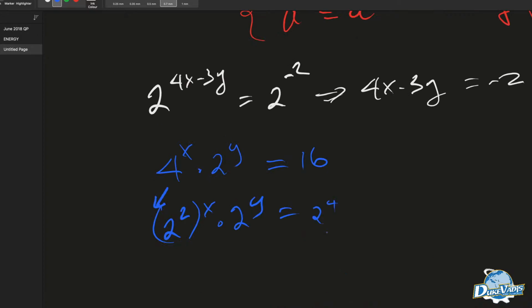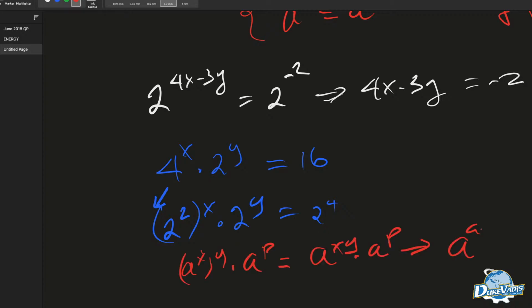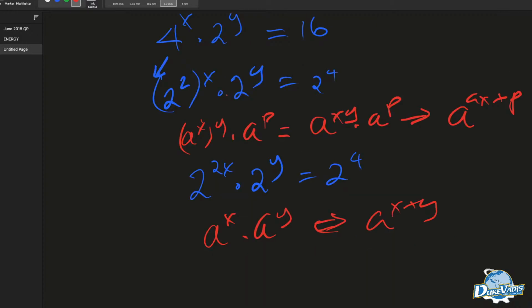Now we have to apply the same rules: a raised to the power x times a raised to the power y gives a raised to the power x plus y. So we are going to have 2 raised to the power 2x multiplying 2 raised to the power y. Do addition on top, so this would be 2 raised to the power 2x plus y is equal to 2 raised to the power 4.